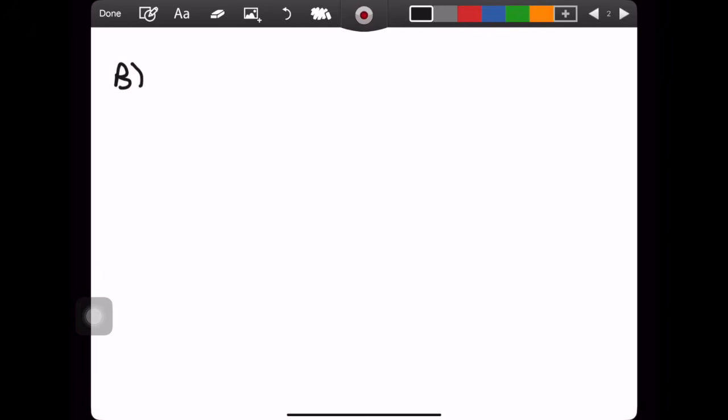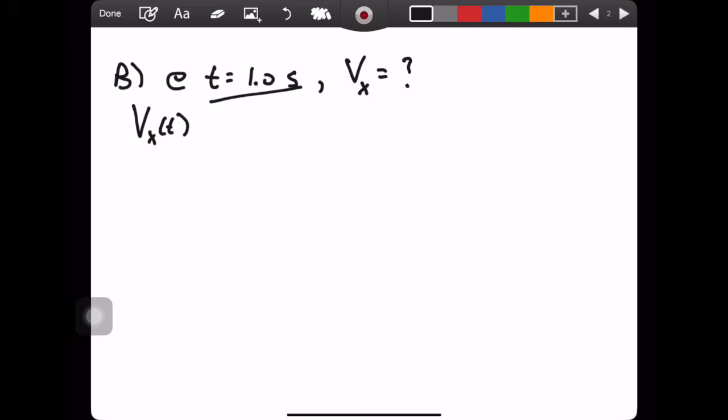In part B, we are asked at t equals 1.0 seconds, what is the particle's velocity? And again, this is all in the x direction. Okay, so this is to say, if we have some function vx of t, then this t equals 1 second is what we would plug in right here.